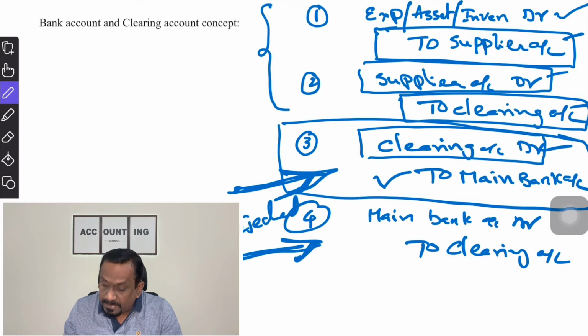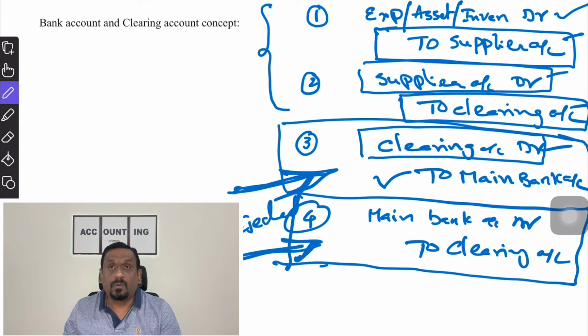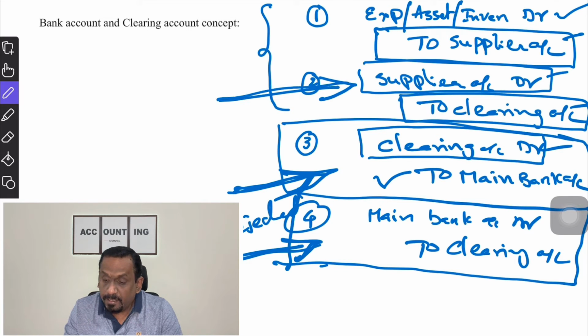Once this entry is posted for the payment rejection, what we are supposed to do is reverse this entry. What is that entry? Previously we debited the supplier account and credited the clearing account when the pay proposal happened. That entry has to be reversed because the payment has not gone to the supplier.